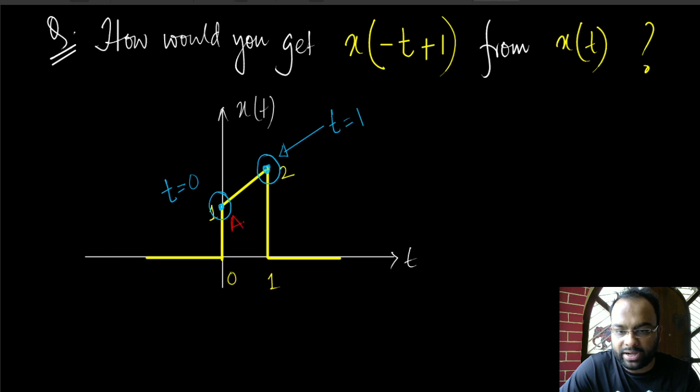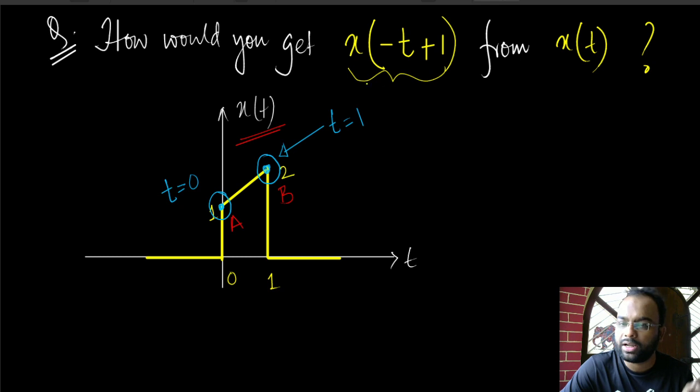Let's name this critical point A, and this critical point B. For the original signal x(t), critical point A happens at t equal to 0, and critical point B happens at t equal to 1.